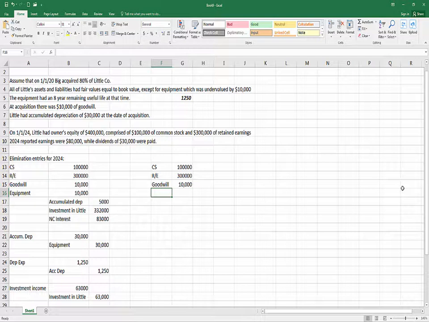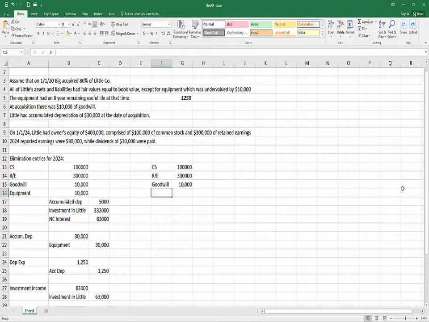Now for the equipment and the accumulated depreciation, though, think back to what happened way back when on the date of acquisition. On the date of acquisition, we wanted to eliminate the accumulated depreciation of $30,000, and yet at the same time we wanted to write up the net asset by $10,000.